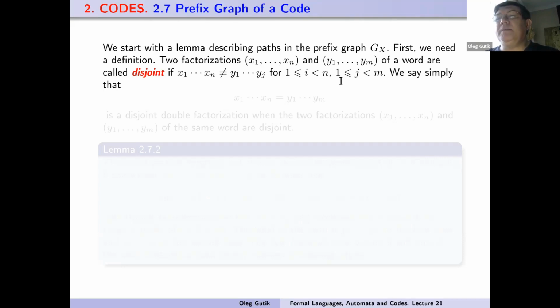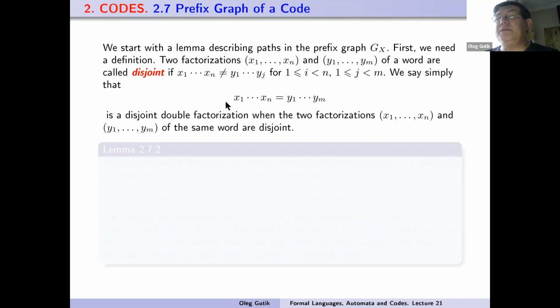We say simply that x1...xn equals y1...ym is a disjoint double factorization when two factorizations x1...xn and y1...ym of the same word are disjoint.